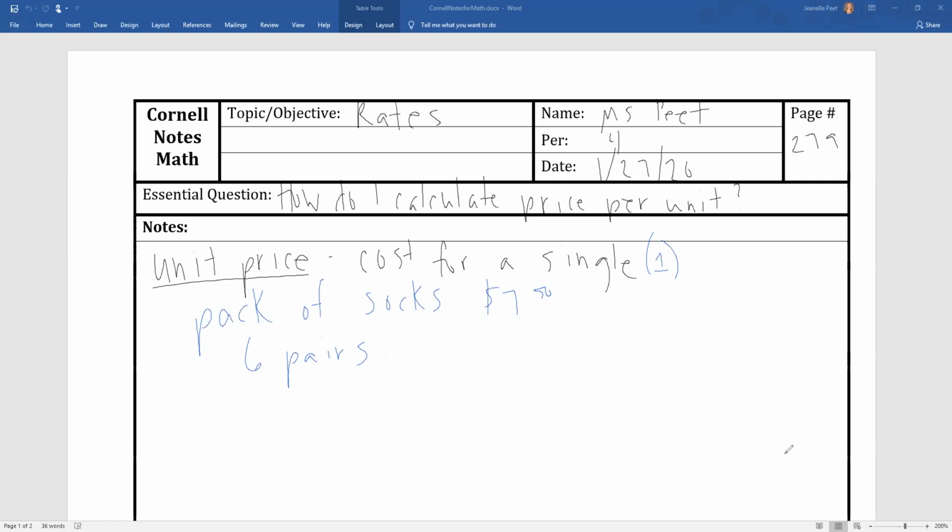I'm going to take my $7.50 and divide it by the 6 pairs that I get. So each pair of socks costs $1.25. Okay, so that's your unit price.